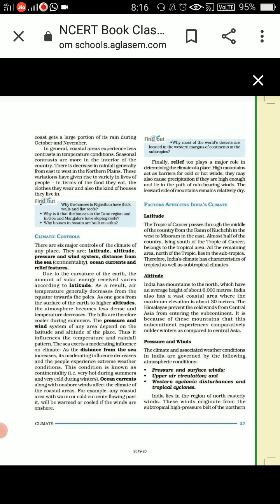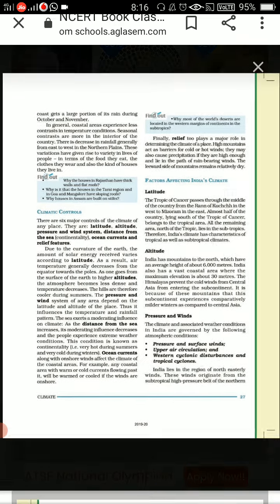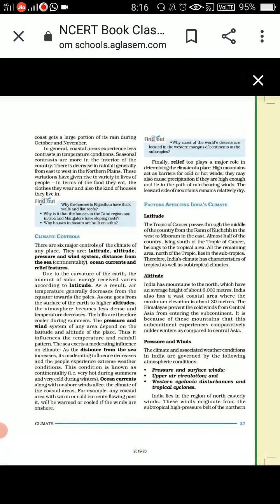If you are on the equator, obviously direct rays of the sun will fall on the equatorial region. If your place is in the tropics, there is some different insolation. And if the place is in the poles, obviously the slanting rays, so there the scenario will be different. So the first thing which controls the climate is the latitude.